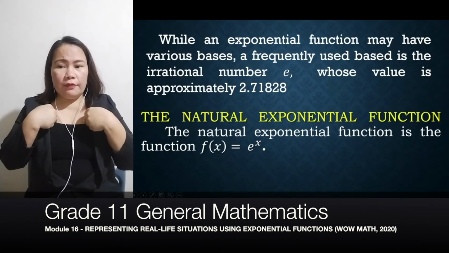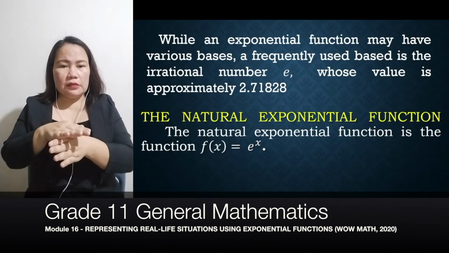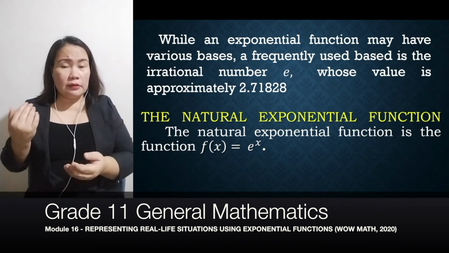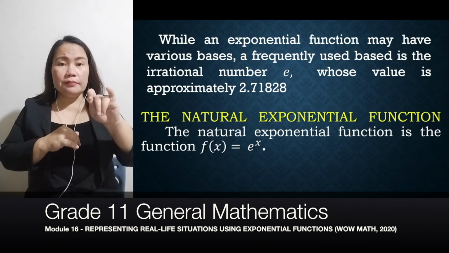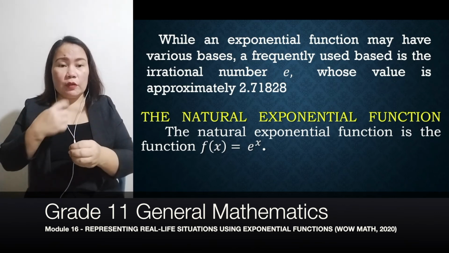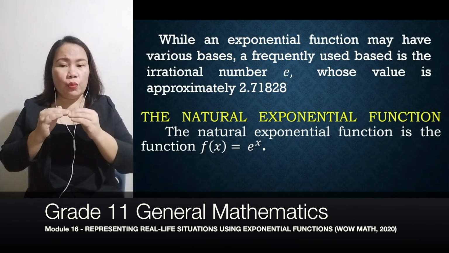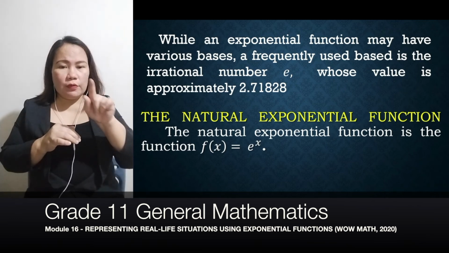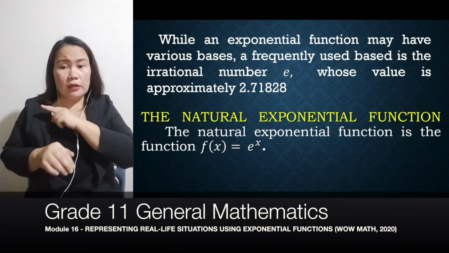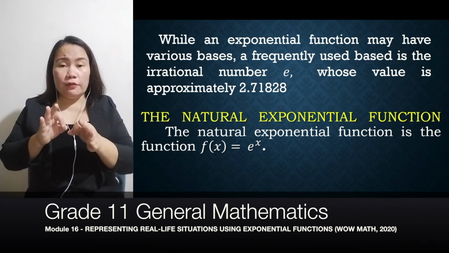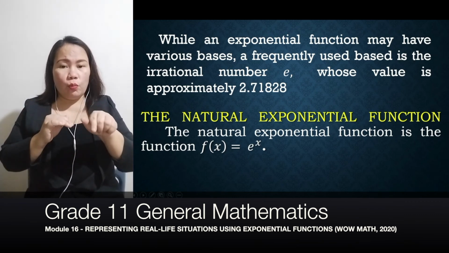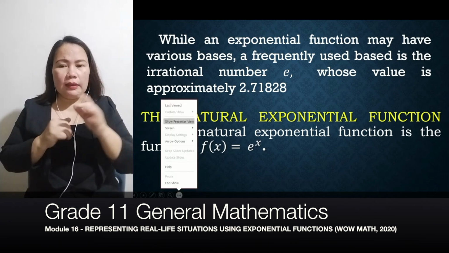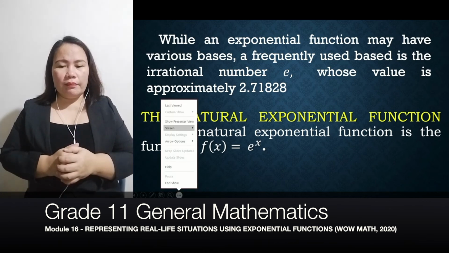While an exponential function may have various bases, a frequently used base is the irrational number e, whose value is approximately 2.71828. So yan yung tinatawag nating natural exponential function, kapag yung base natin ay e. Sa calculator nyo, saan ba makikita yung natural number na yan?